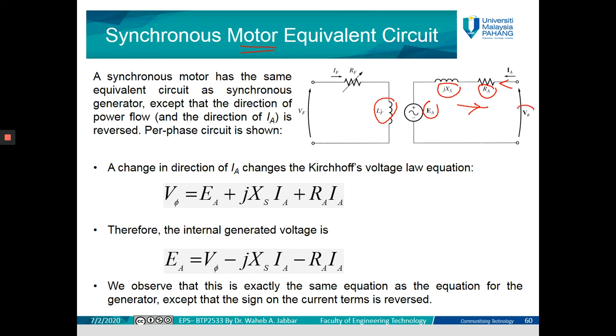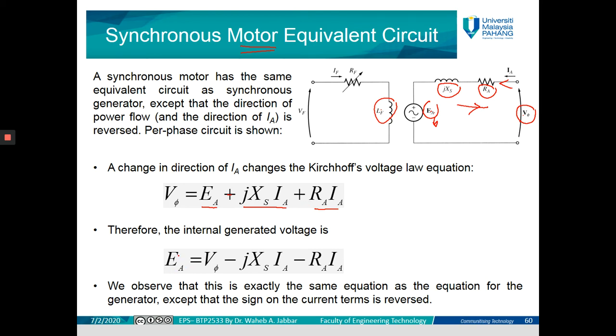Also, the relation between the terminal voltage and the internal voltage, or armature voltage or induced voltage, will be different. Why? Because in the motor, the terminal voltage will be higher than EA. In the generator, EA will be higher than the terminal voltage. A change in the direction of current will cause the terminal voltage to equal the internal voltage plus the voltage drop across the synchronous reactance and the voltage drop across the armature resistance.